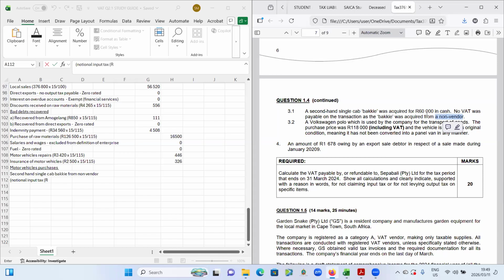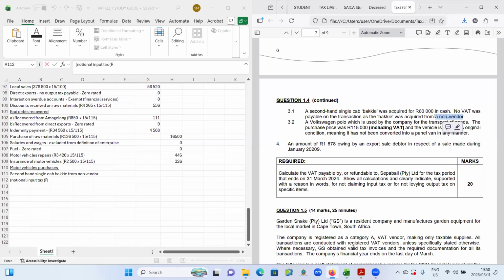So we are saying it's notional because it's from a non-vendor. It's more like a deemed input tax. We name it notional because no VAT was charged there, but the VAT is there. SARS knows for a fact that it was not charged, but the non-vendor did not claim when he purchased because he's not registered. Obviously, he is going to put it indirectly, as part of the selling price, to try and recover the VAT which he did not claim from the next person.